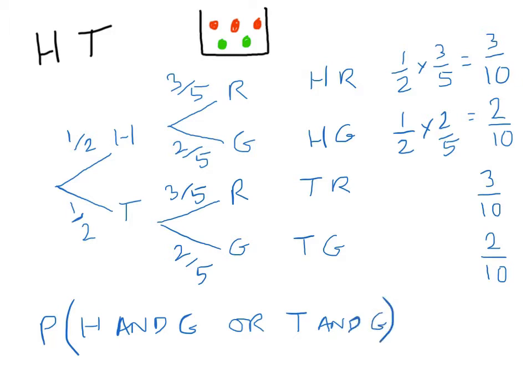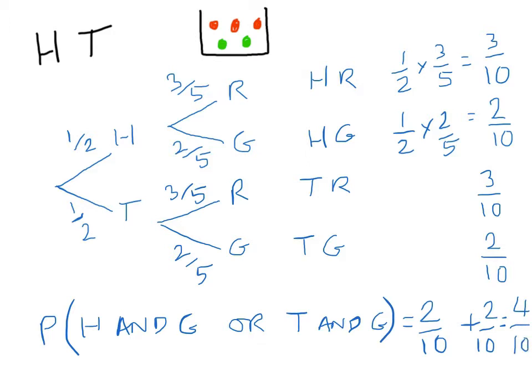So for a head and green, we're looking at 2/10, and a tail and green is also 2/10. And for this, we therefore have our 2/10 plus 2/10, which gives us 4/10.